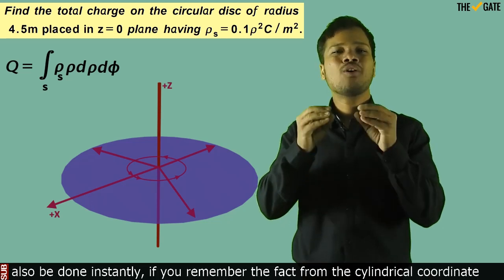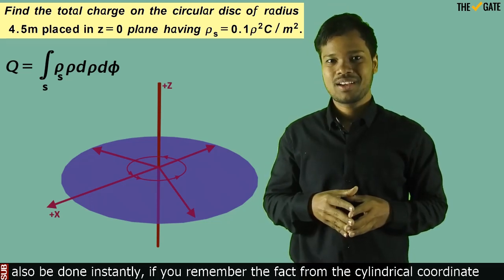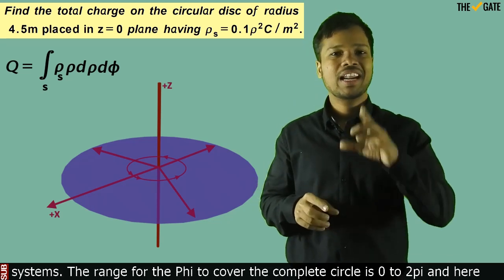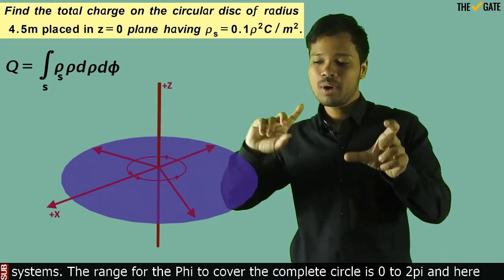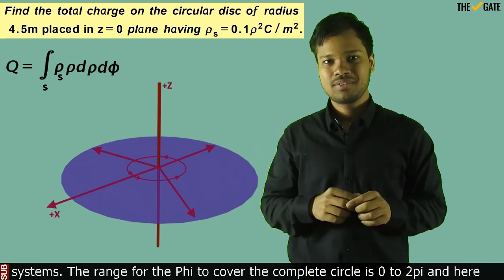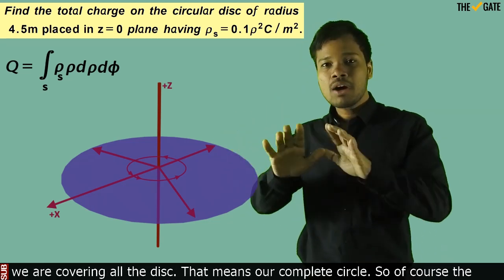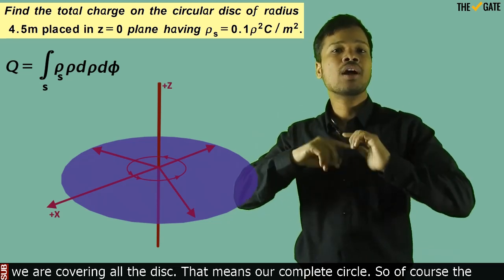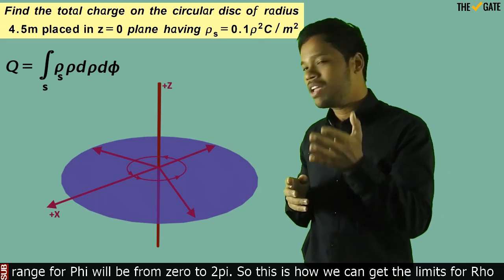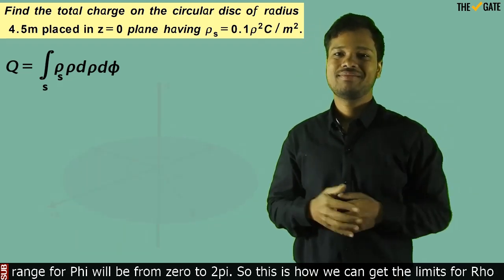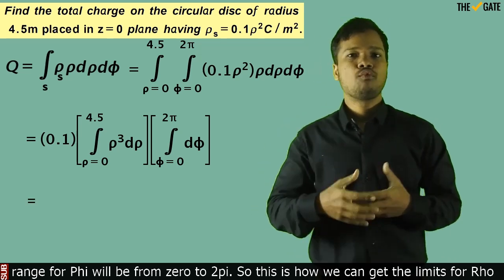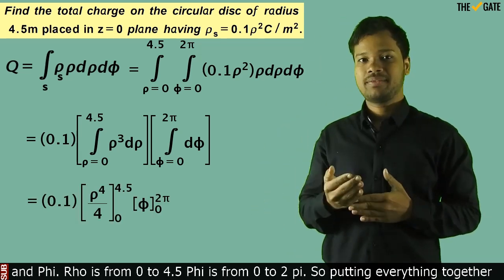My dear, this can also be done instantly if you remember the fact from the cylindrical coordinate systems. The range for phi to cover the complete circle is 0 to 2 pi. And here we are covering all the disk, that means our complete circle. So of course the range for phi will be from 0 to 2 pi. So this is how we can get the limits for rho and phi.